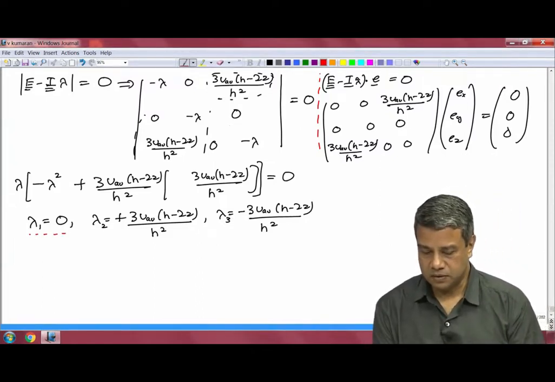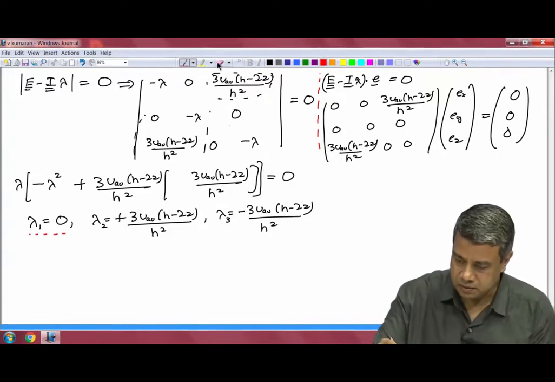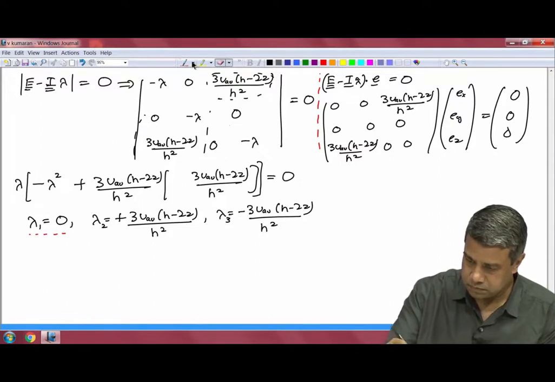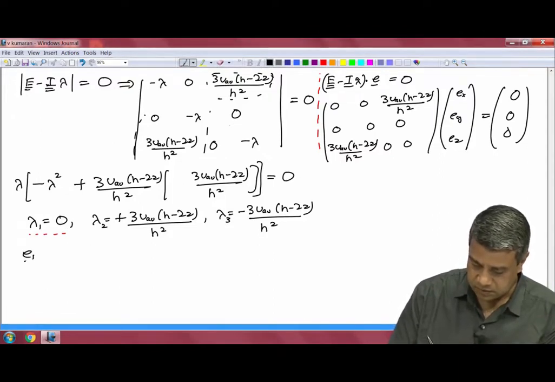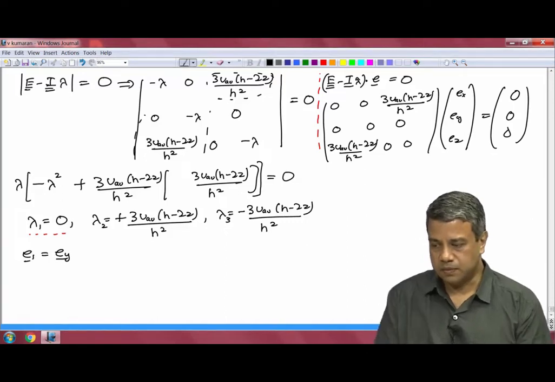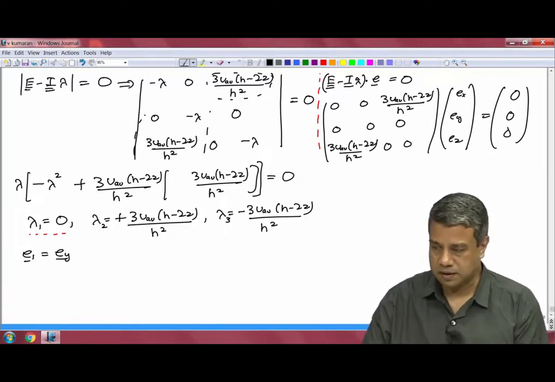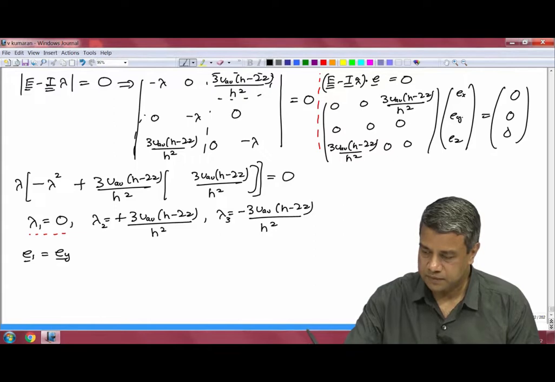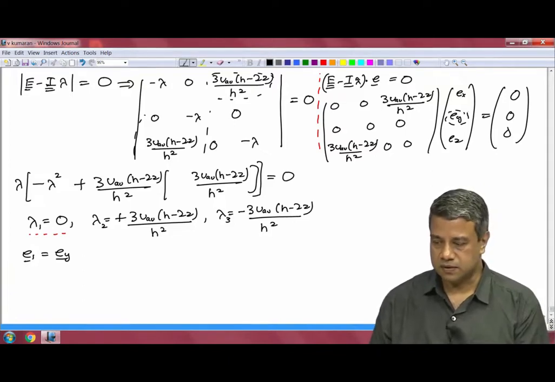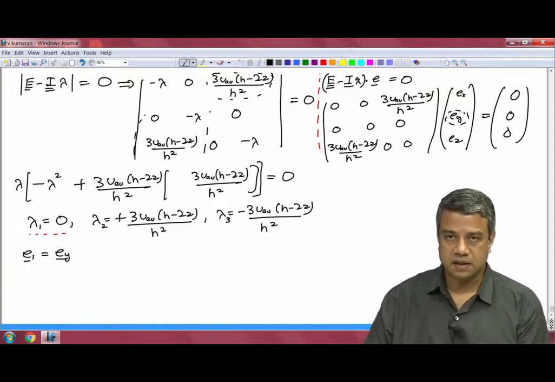And you can easily see the solution for this is going to be E1 is equal to Ey. Because if the component Ey in this eigenvector is equal to 1, Ex and Ez are equal to 0, this relation is identically satisfied.